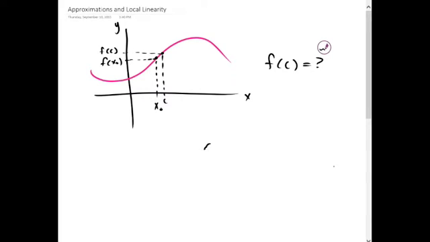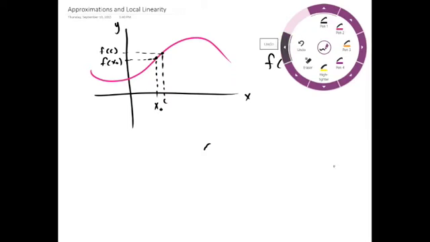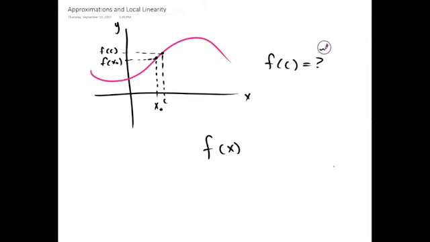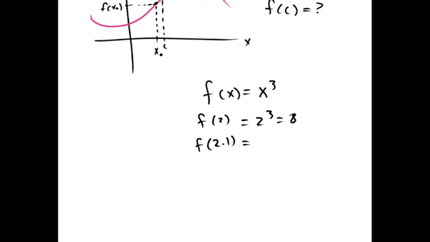An example of this would be, let's say our function is x to the third. We know, for example, f of 2 is 2 to the third, which is 8, but calculating f of 2.1 is a bit more of a complicated task.